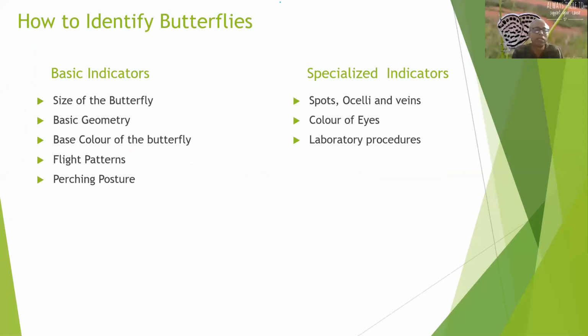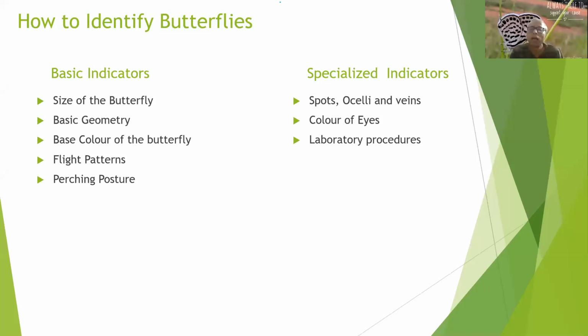These are the basic indicators that novices can use to tell easily whether it's a blue, a papilionid, a pierid or a hesperiid.